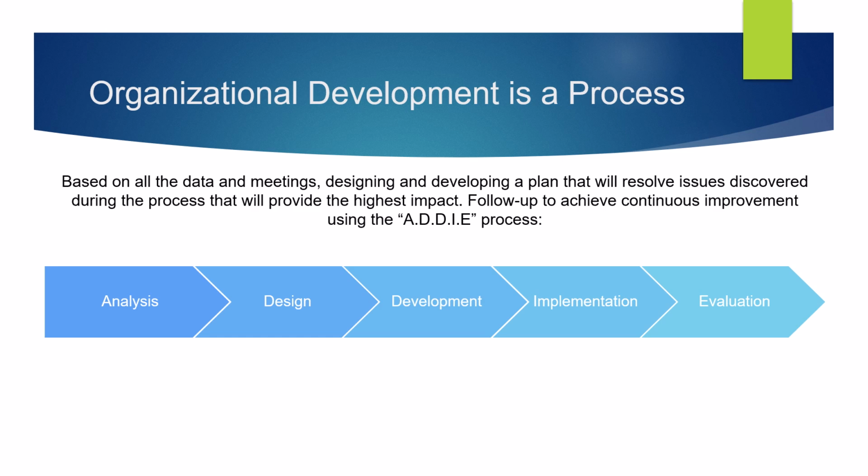Then, to ensure each intervention is working, we will reanalyze, redesign, redevelop, reimplement. Then it will be time to do the evaluation all over again to make sure we are at optimum performance. This is where we begin to utilize and tweak the process of continuous improvement.